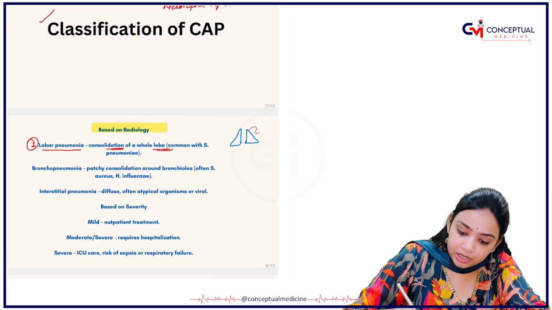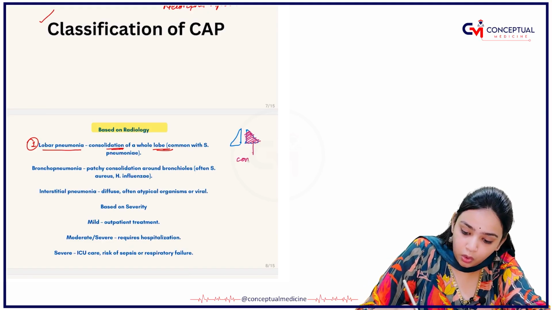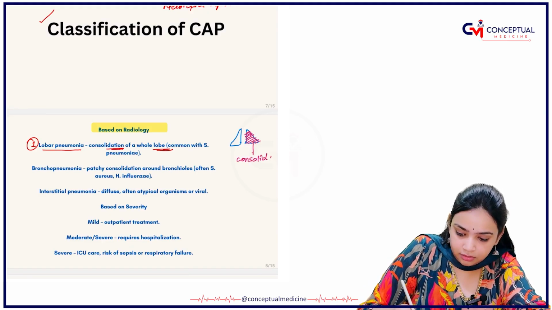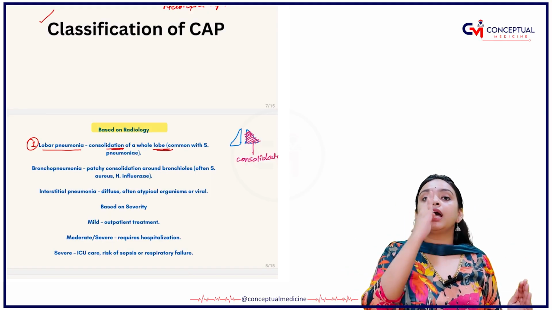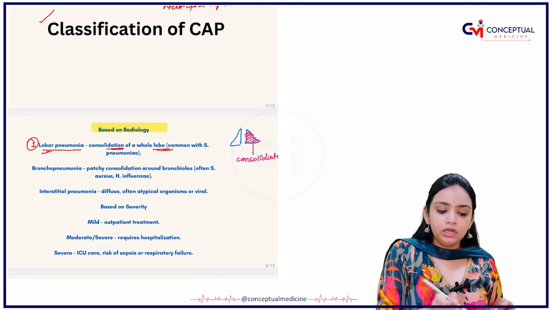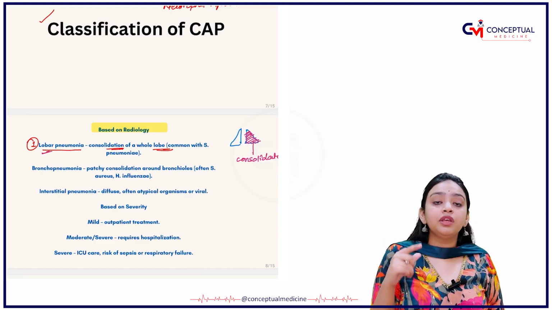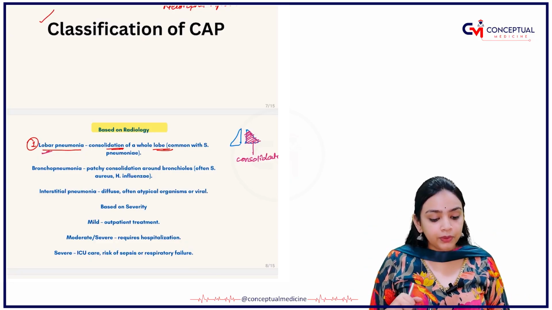You will appreciate that the whole lobe will get consolidated. The name itself suggests it: lobar pneumonia. So one of the lobes is involved, either the right lobe or the left lobe.